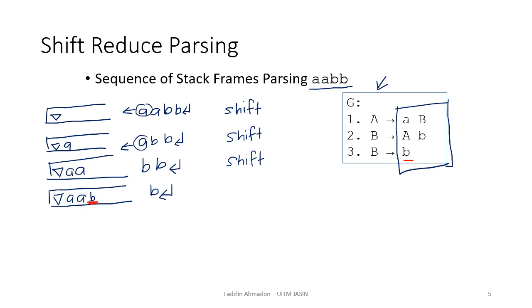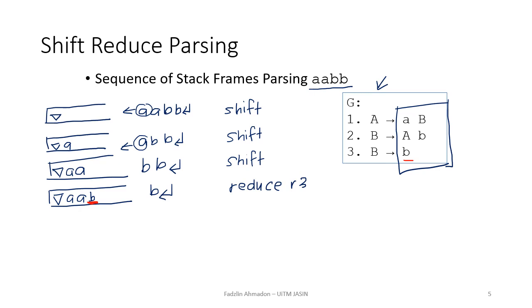So we need to specify our handle. Our handle is the string that we will reduce. I have already underlined the single B here with the red pen. And then I'm going to specify that I want to do a reduce operation using rule 3.